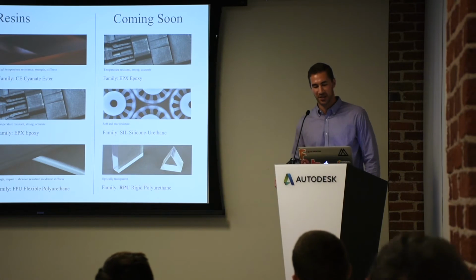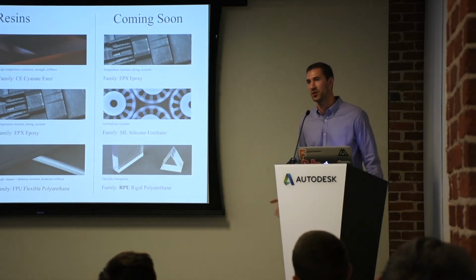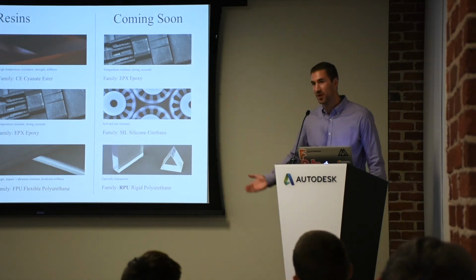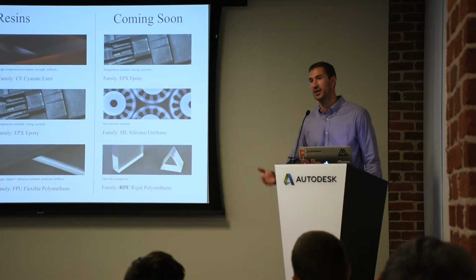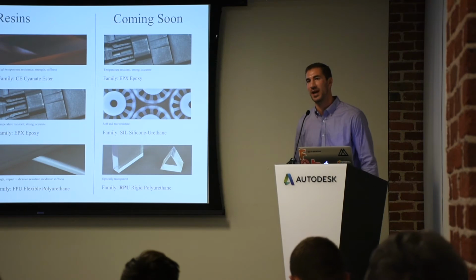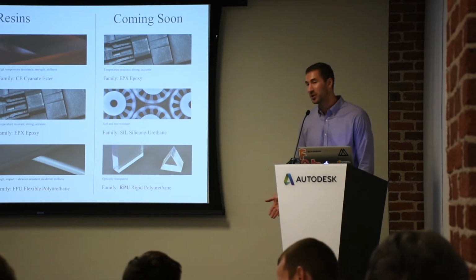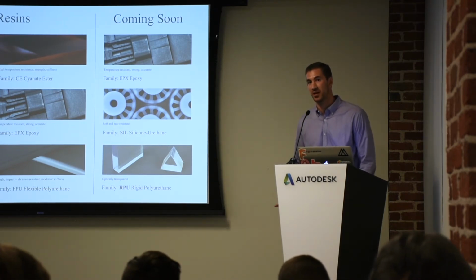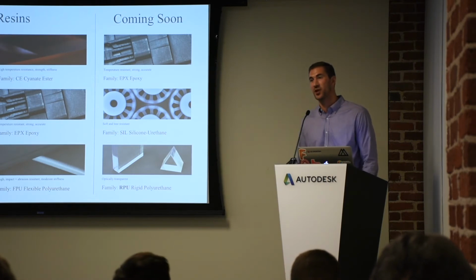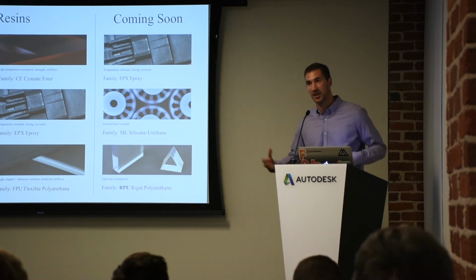Sure. To give you some analogs from the thermoplastic world, our elastomeric polyurethane is very similar to a TPU. It's like a rubber, right? It's a tough elastomer. Our flexible polyurethane we developed to try to meet a lot of the polypropylene specs, so it's very good for things like clips and living hinges.